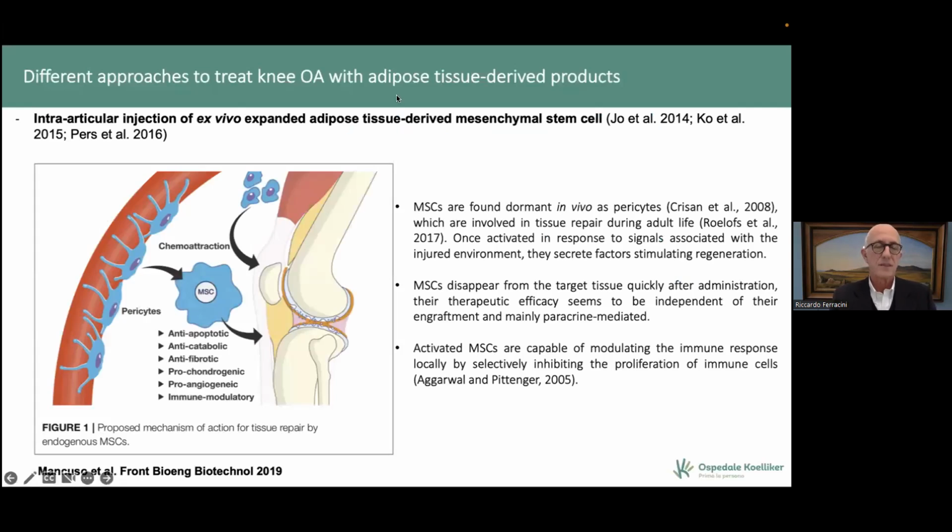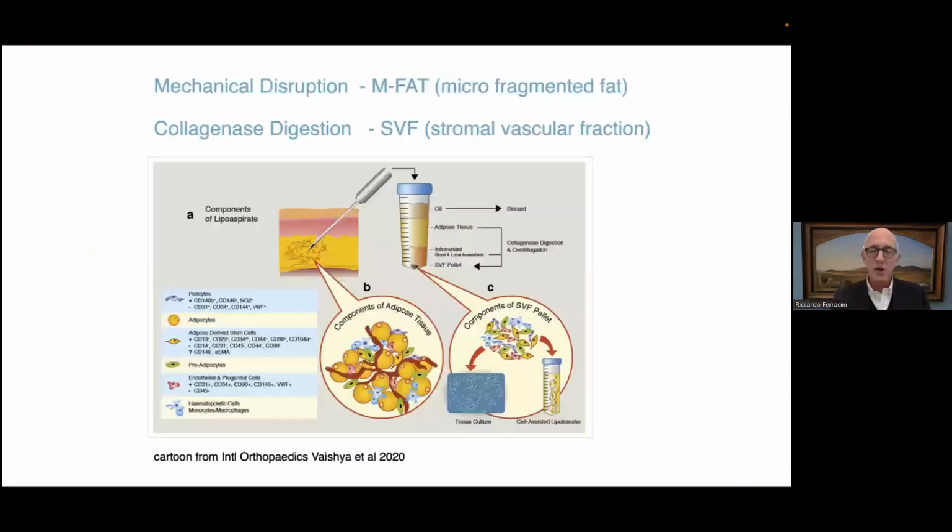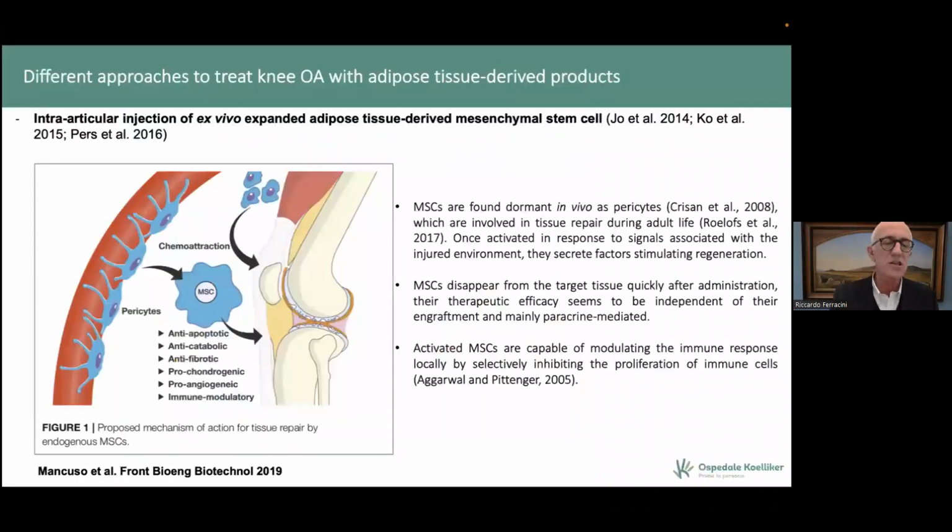Where are they? They are on the surface of the vessels. They're called pericytes. And when they get out of the vessels, by chemoattraction, by stimulation in normal conditions, then they become the real mesenchymal stem cells. But they are on the vessels.